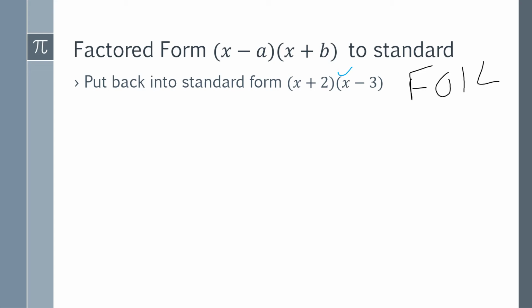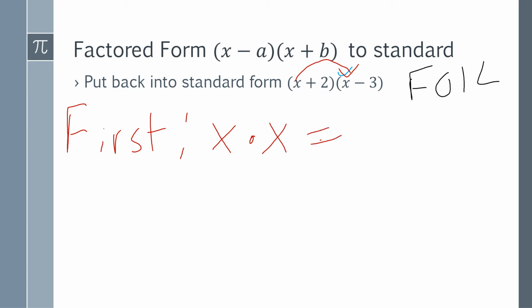So let's do F. F stands for first. X times X. Well, if you use your law of exponents, notice that when you multiply with the same base, those exponents, which are 1 in this case, you add them together, you get x to the power of 2, or x squared.